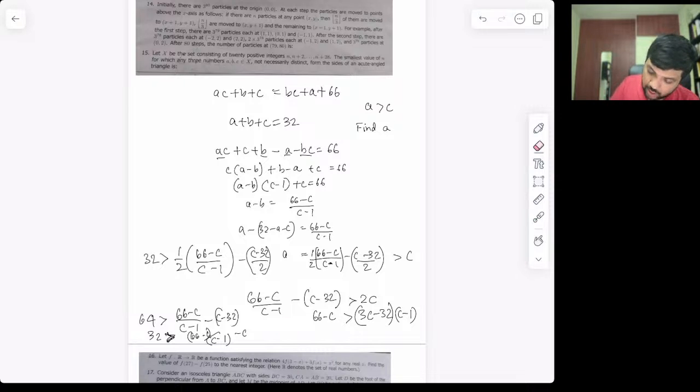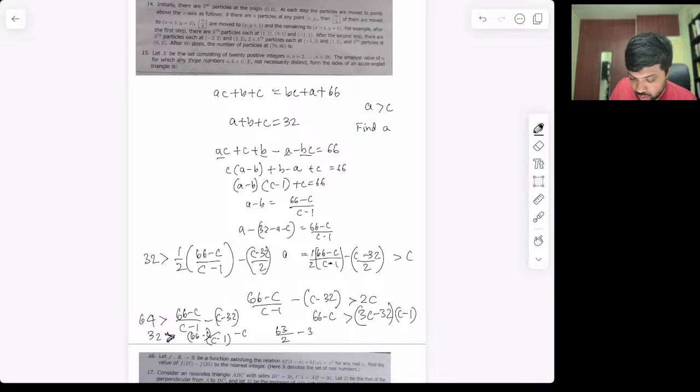So what is the value of C which just crosses 32? 63 by 2 minus 33? So 63, 2 3s are 31 point something, my 29 point something, that crosses actually. So 29, right?